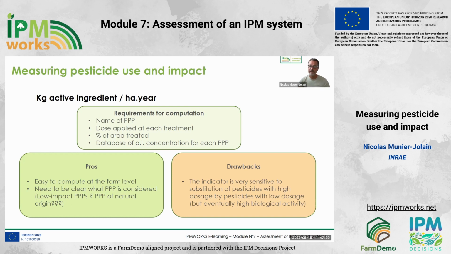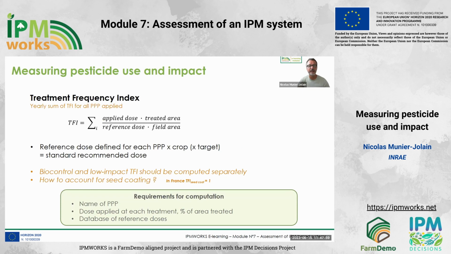Among the drawbacks of this indicator, the main one is that it is very sensitive to the substitution of pesticides with high dosage by pesticides with low dosage, but eventually high biological activity. So you can reduce this indicator very strongly just by substituting some pesticides by other chemical pesticides.